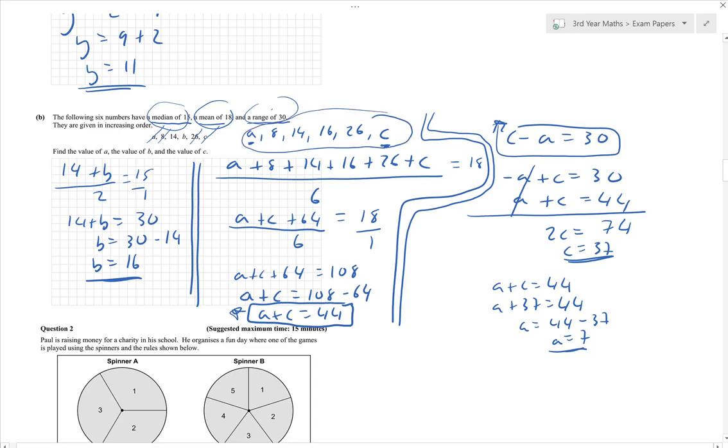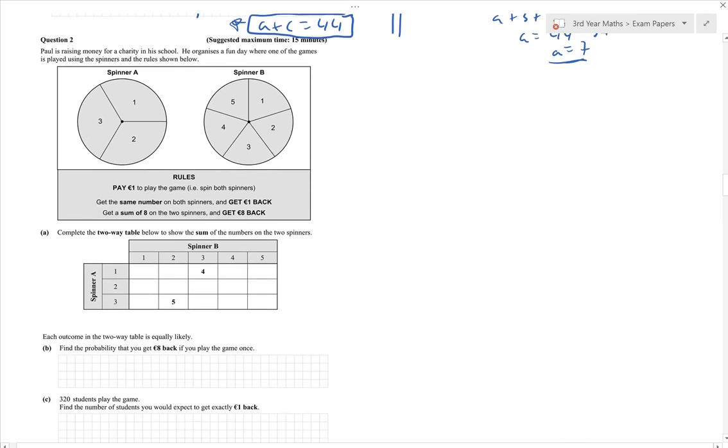In this, it's 7, 8, 14, 16, 26, and 37. And my answer makes sense. The A is less than 8, and this value here is more than 26. Okay? Question 2 then.